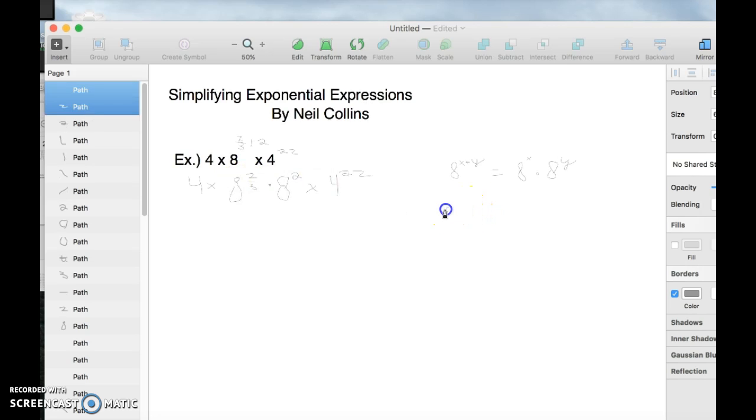Now we're going to simplify this 8 right here even further. The next rule that's going to apply, we're going to take that 8 to the z third power. This is equivalent to 8 to the 1/3 times z.